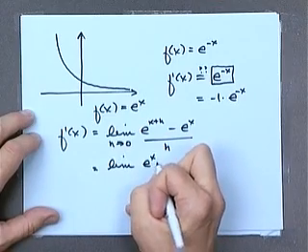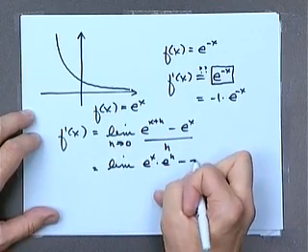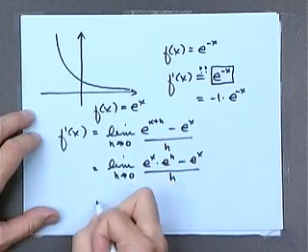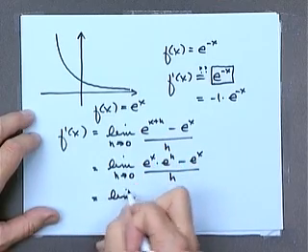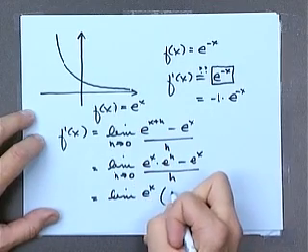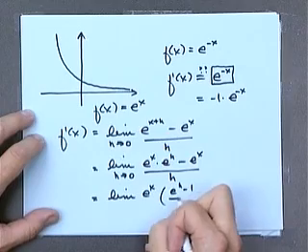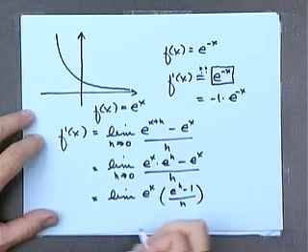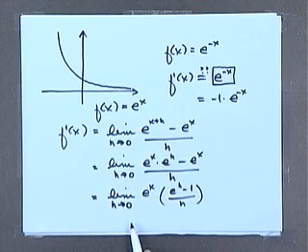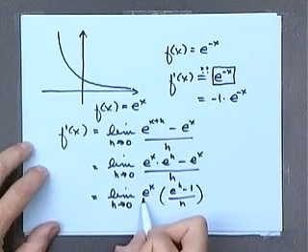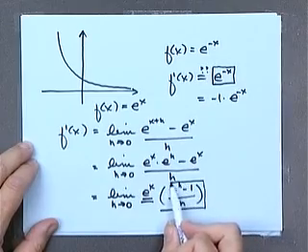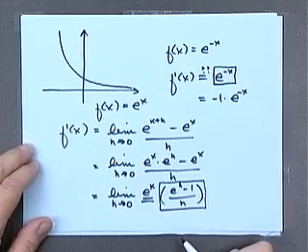So that's e to the x times e to the h. We factor out an e to the x. If we want our final answer to be e to the x, which it is, so this is going to be the final answer, what is that? That better be 1, right?